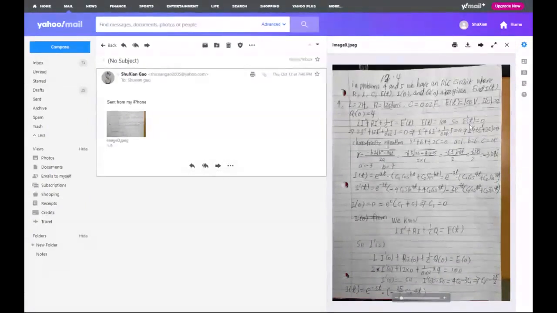The left hand side E of t equals 100, so E prime is equal to 0. So the right hand side is 0, and we get a homogeneous equation. I simplified it and got I double prime plus 6 I prime plus 25 I equals 0.